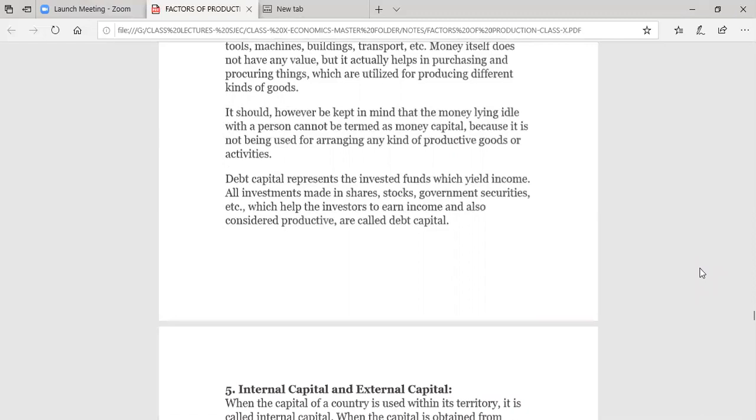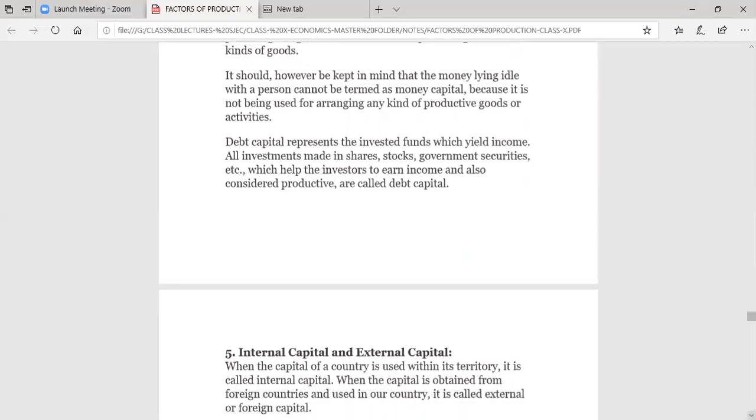They will give money in the future. On that basis, in the future you will get some money. You have invested some money in shares and stocks and in government securities. These are all called debt capital.